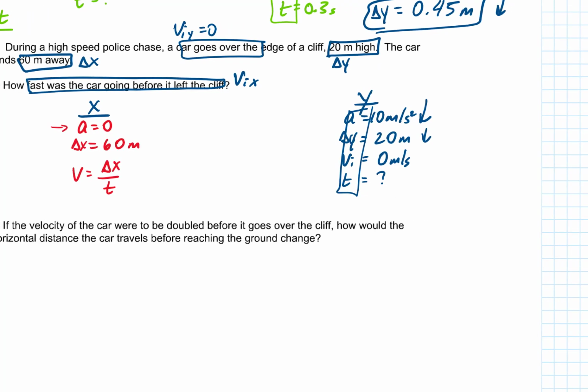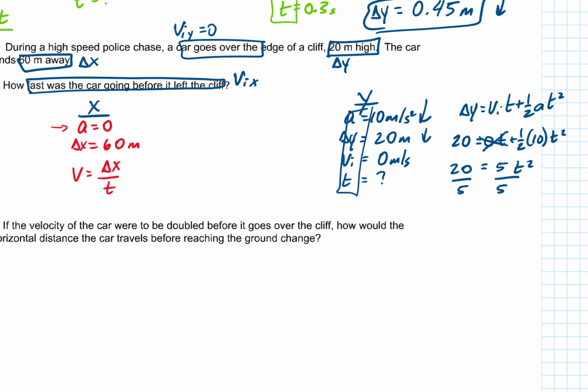The equation that goes with that is delta y is equal to v initial times time plus 1/2 a t squared. So we get 20 is equal to 0 times time plus 1/2 times 10 times time squared. That goes away because it's 0. So we get 20 is equal to 5t squared.